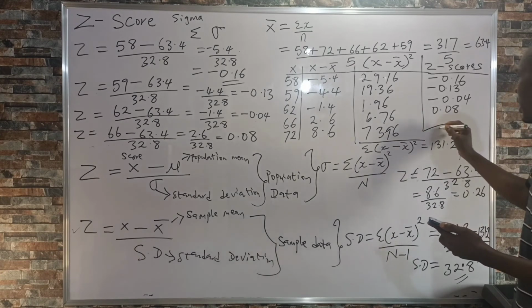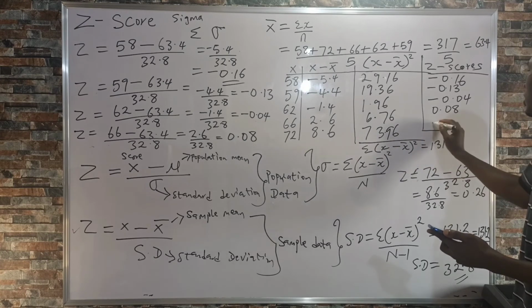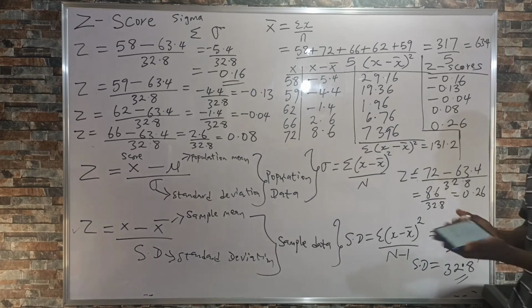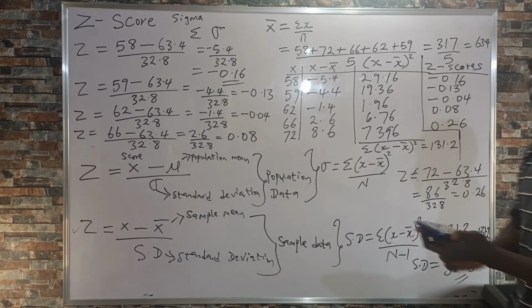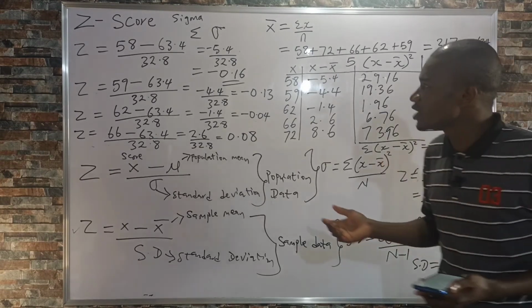Okay, so here we have the last one, which is 0.26, approximately to 2 decimal places. All right, this is actually how to calculate the z-score of given scores.